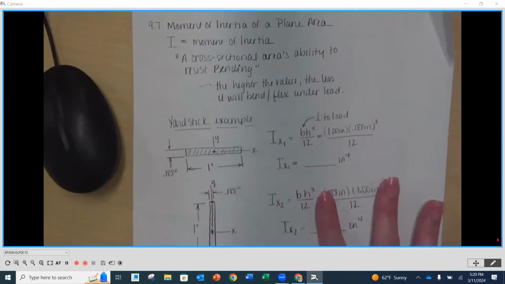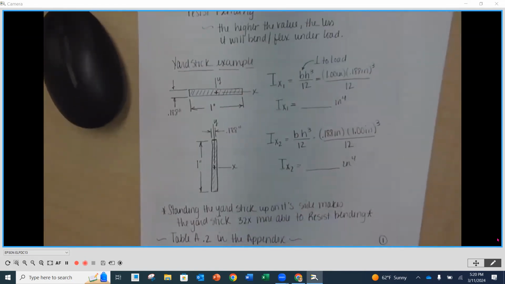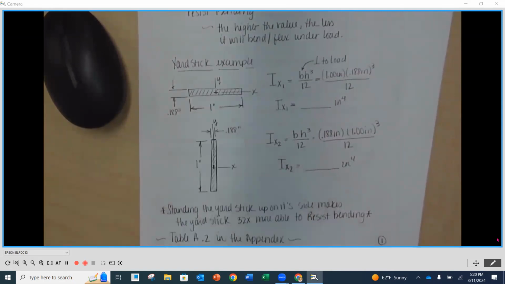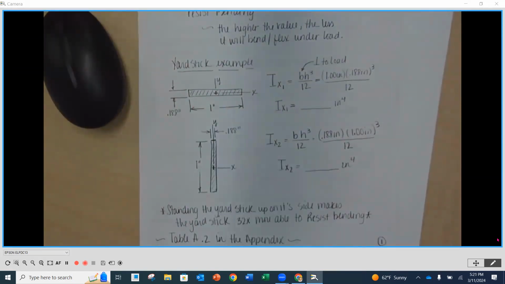And a really good example of this that I think you can relate to. Now, I don't have physically a yardstick here, but I think you'll get the idea just based on experience. So here we have, for instance, the cross-sectional area of a yardstick. In the first instance, with the XY axis here, we have it laying down flat with its wider dimension horizontal.